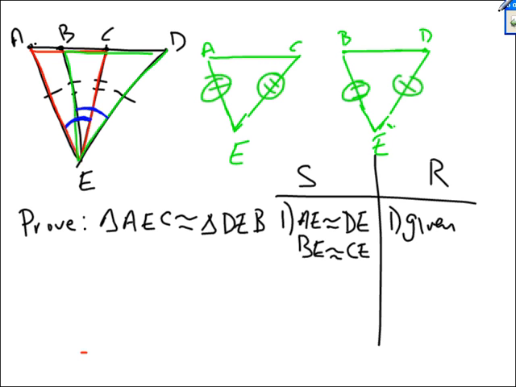You'd understand it now, but what we can do is say that, look at the very big triangle, ADE. We are told that AE and DE are equal. So the base angles are equal. We have ADE, and we know that those two sides are equal.